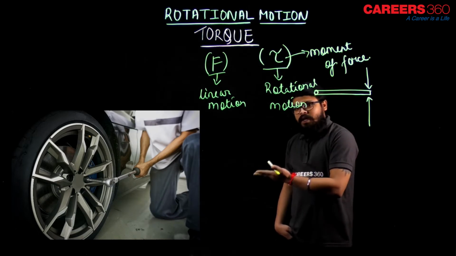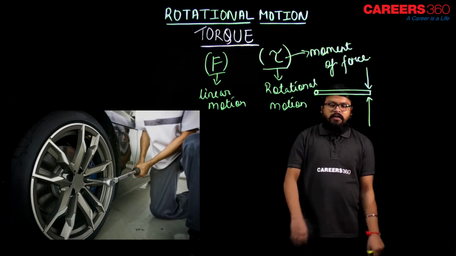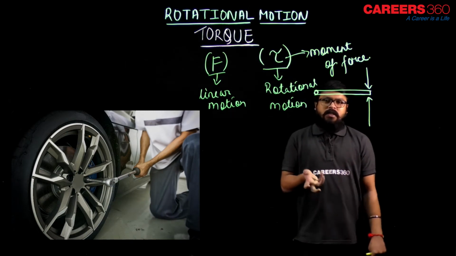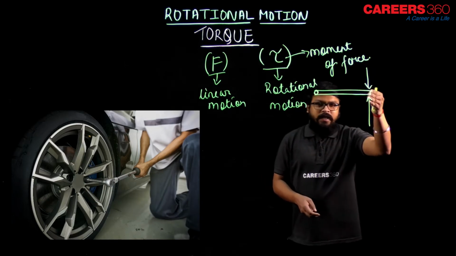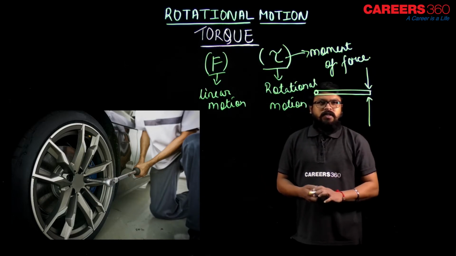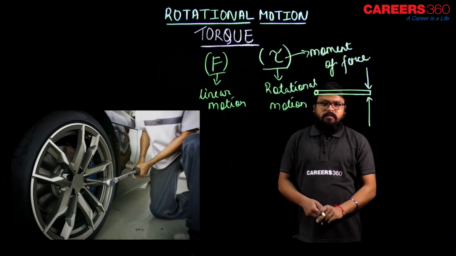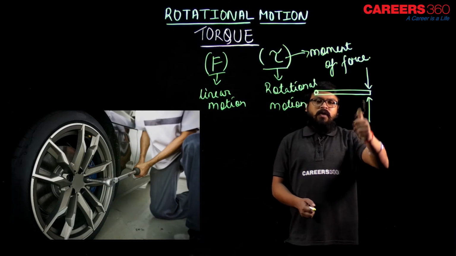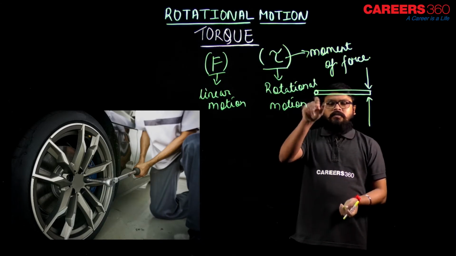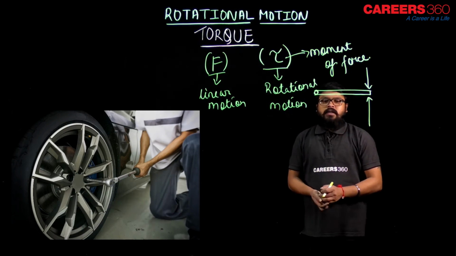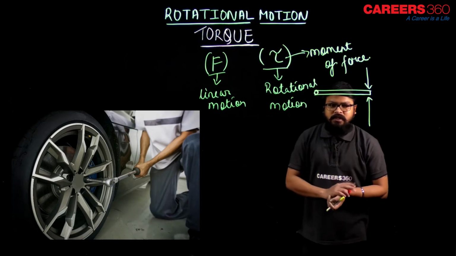So, in our example, the screw will be in rotational motion, either clockwise or anti-clockwise, depending upon the direction of the applied linear force. If the direction is downward, the screw will have clockwise motion. If the force applied is in the upward direction, then the screw will have anti-clockwise motion, that is rotational motion. I hope that is clear to you, right?